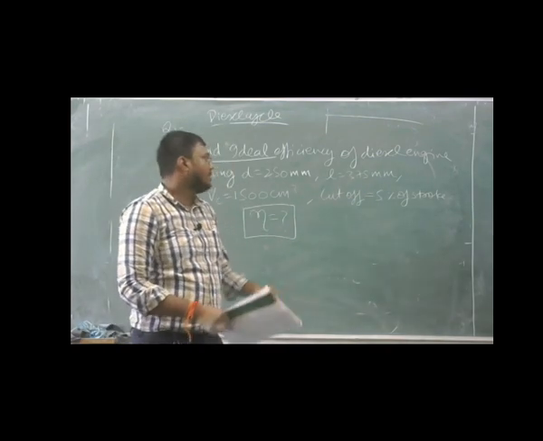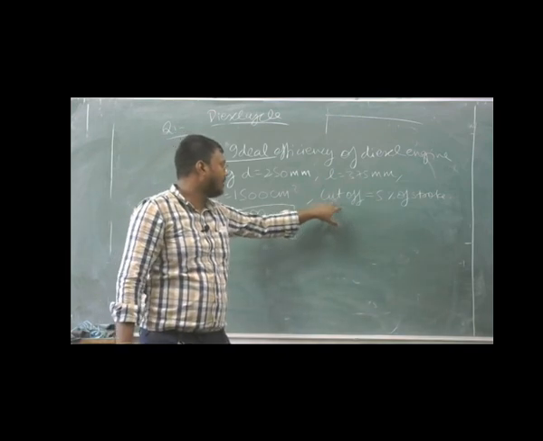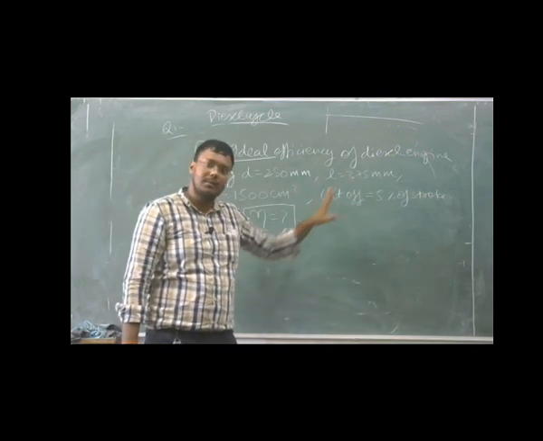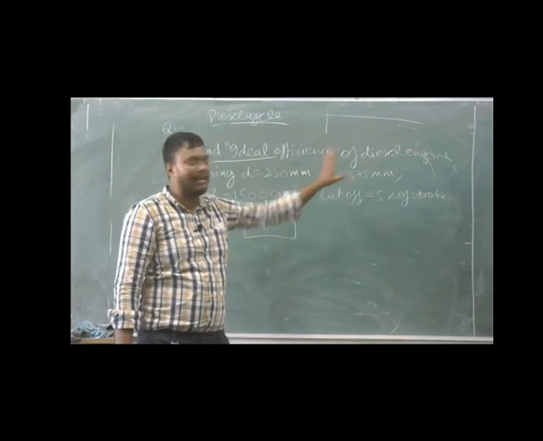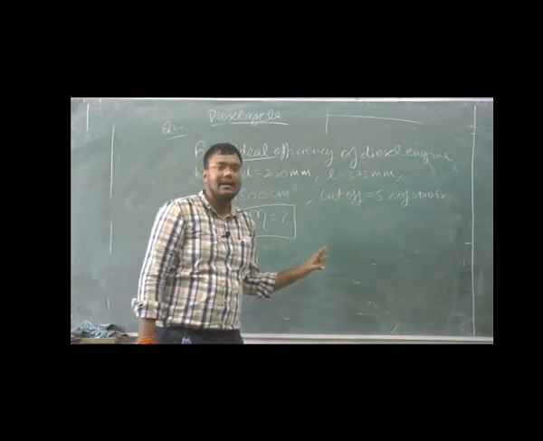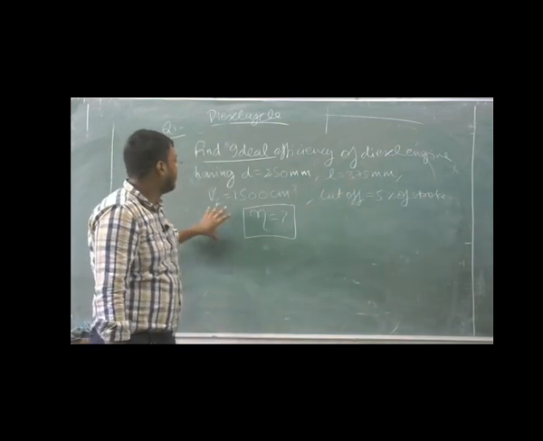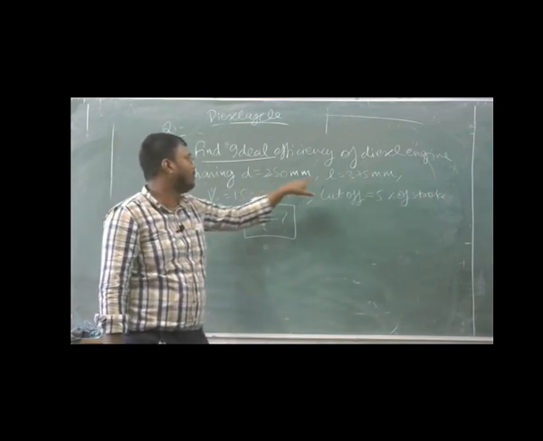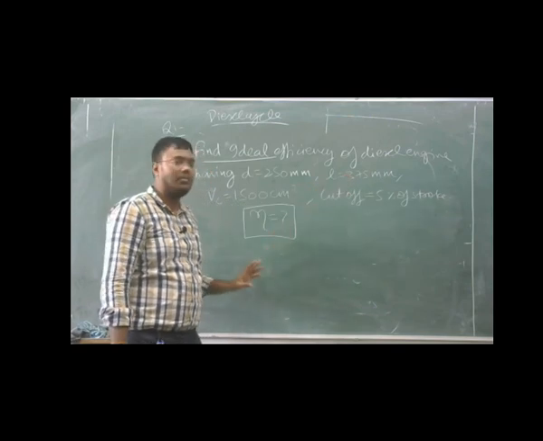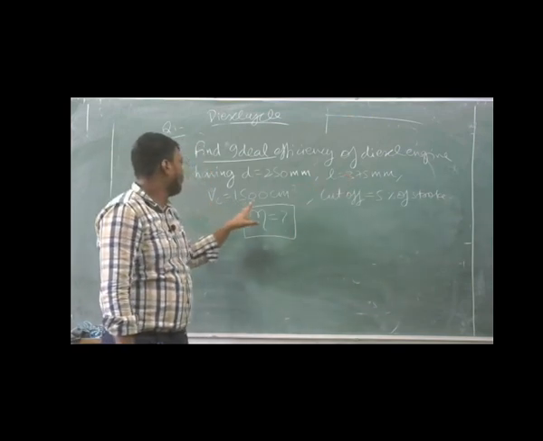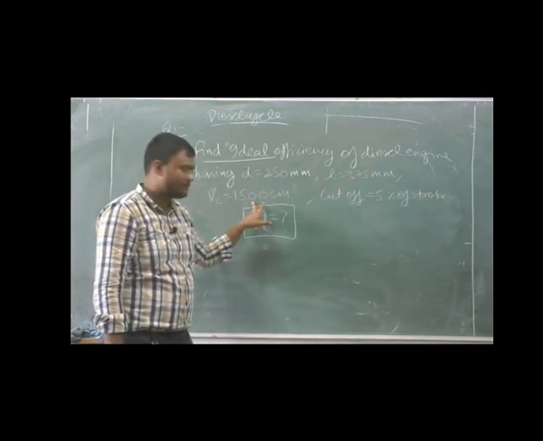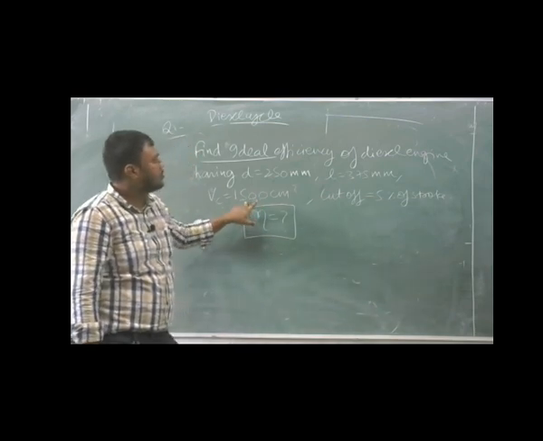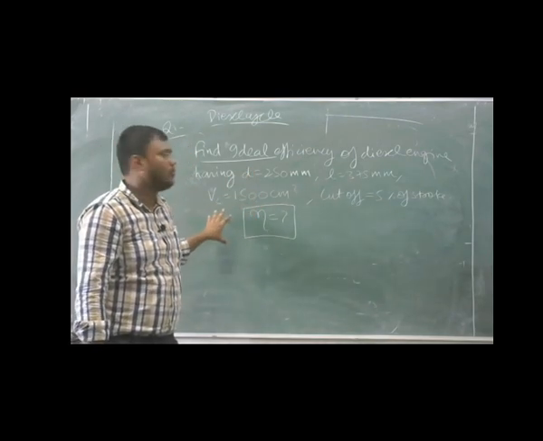Same diagram, you have to draw the same diagram. But some different data is given in the question, like bore diameter D is equal to 250 mm, the stroke length is equal to 375 mm, clearance volume is equal to 1500 centimeter cube. So you have to solve this question according to the given data.